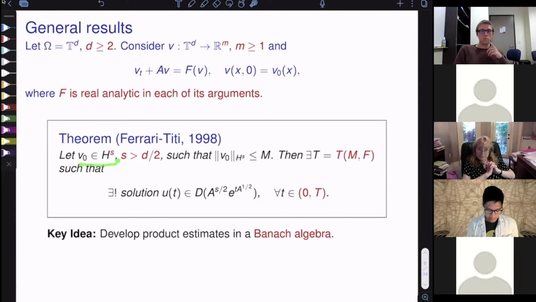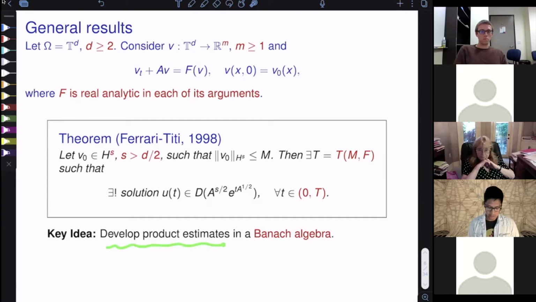Then provided that your initial data is in H^s, where s is greater than the dimension divided by 2, you have a unique solution that depends only on the size of the initial data, and whatever features may go into the nonlinear term here, and you enter a Gevrey class instantaneously once again.